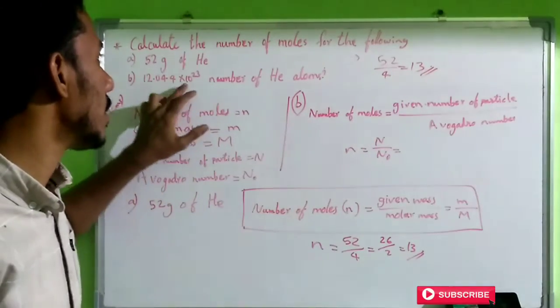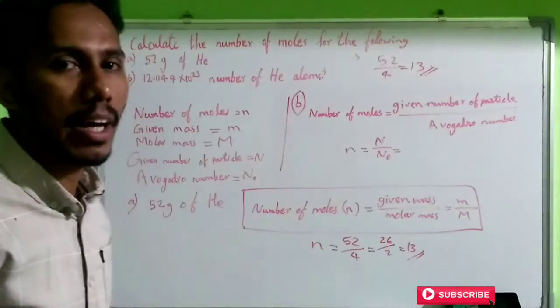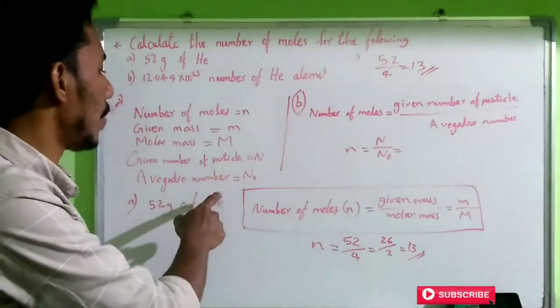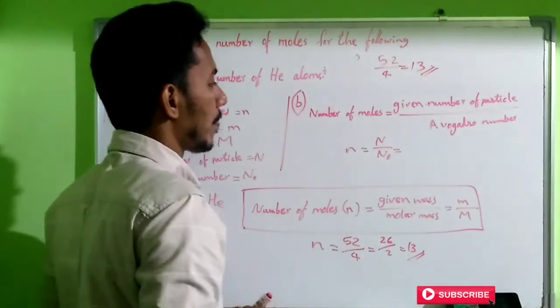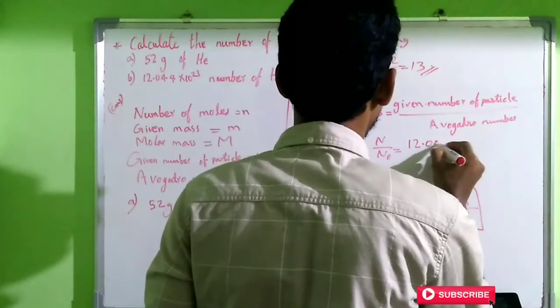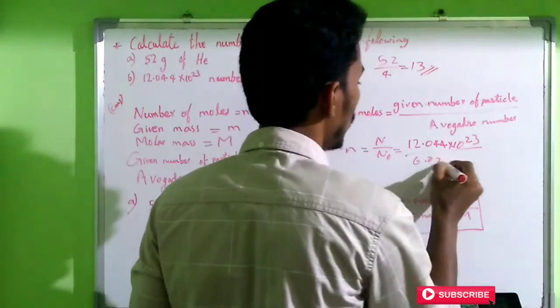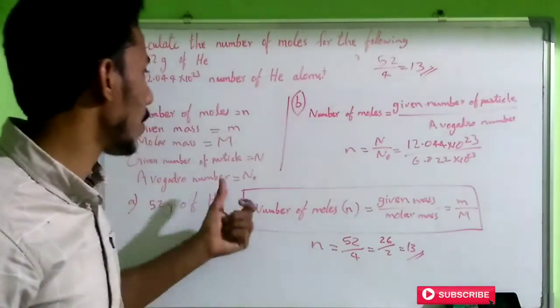Here the number is given. So given number divided by Avogadro number. Given number is represented as capital N. Avogadro's number is represented as N0. So substitute it. 12.044 into 10 raised to 23 divided by 6.022 into 10 raised to 23. It is the Avogadro number.